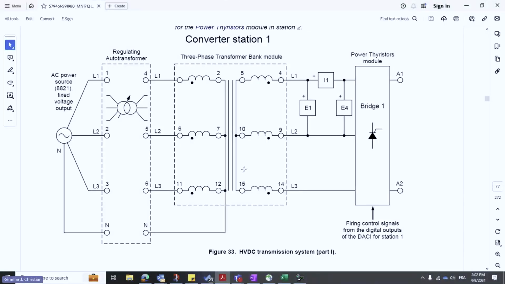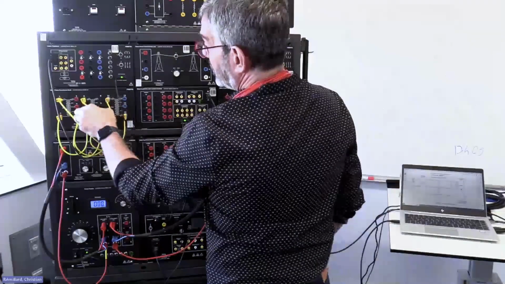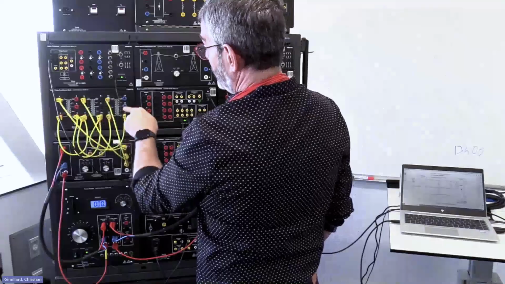And then on the secondary side, we will want our 4, 9, and 14, which you will see are not the maximum voltage one, but the tap in the center here.